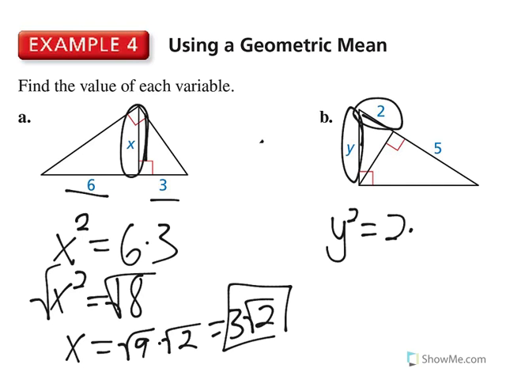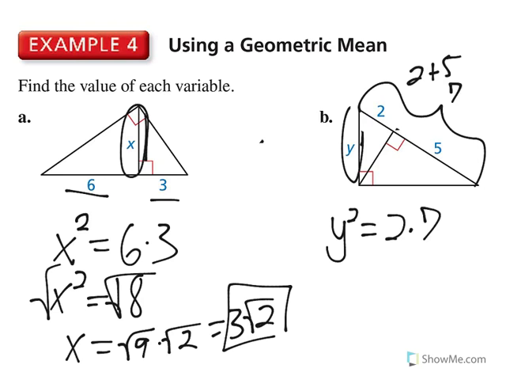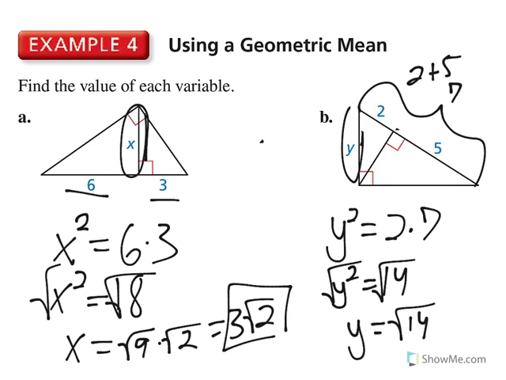So not just 5, but 2 plus 5, the whole length here. 2 plus 5 gives us 7, so it would be 2 times 7. We would get y squared is equal to 14. To get y by itself, I take the square root, so y is equal to the square root of 14. I can't simplify that any further, so that is my answer.